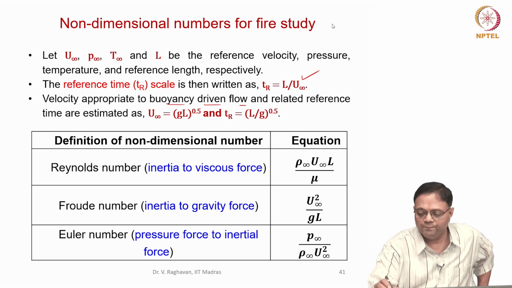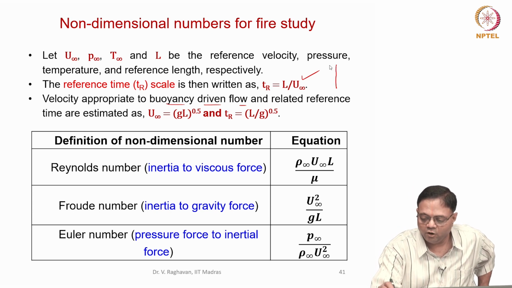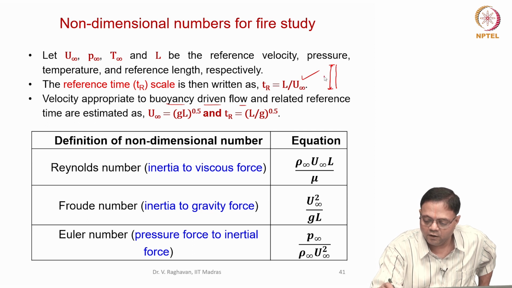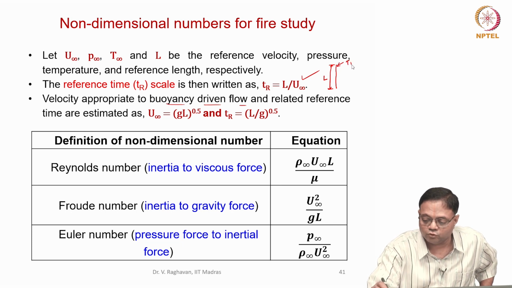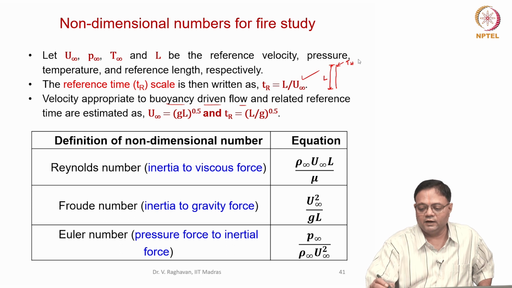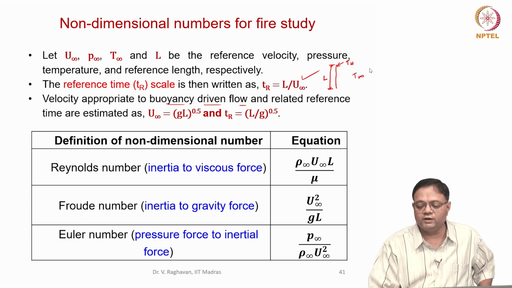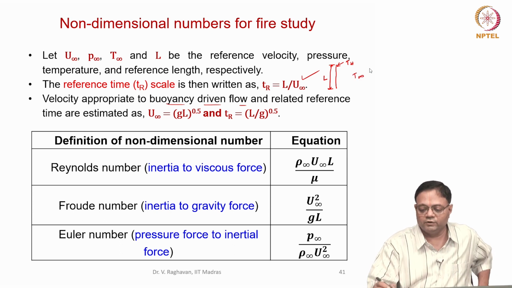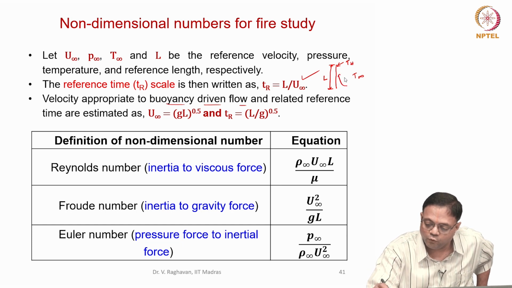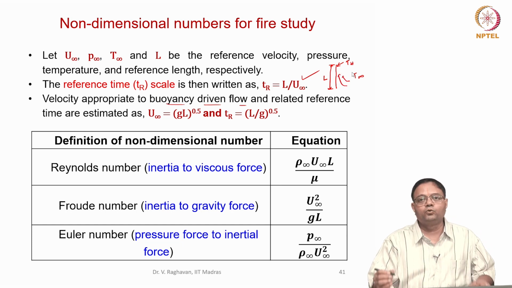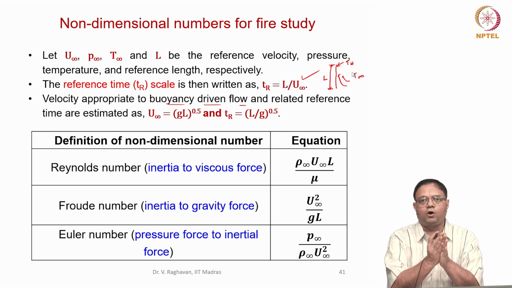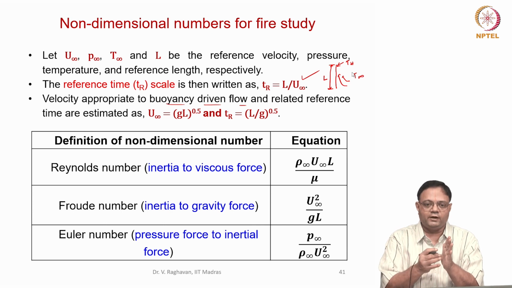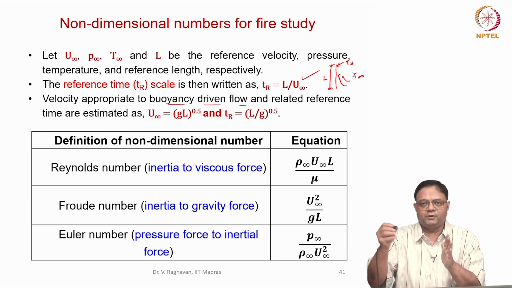See, for example, if I have a vertical plate of length L, and this vertical plate is hot, so its temperature is TH, and the ambient temperature is T infinity. A flow is induced due to buoyancy, because the air particles in contact with the hot plate will have a lower density and rise up, forming a pressure drop.